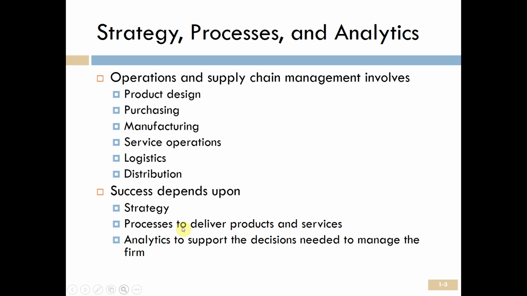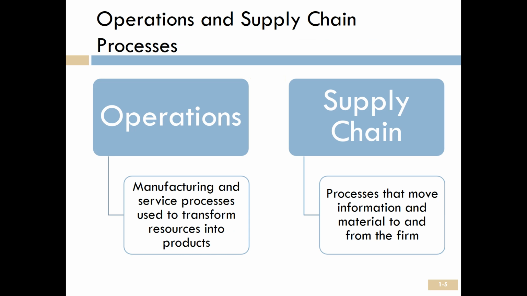And what we'll focus on are some of the processes and how to manage some of the processes, and then the ability to throw math and analytics at these and be able to use that to be data driven, to make decisions based on data. So when you read the chapter, you could see that people might think operations is more manufacturing oriented, but it's the processes used to transform resources into products.